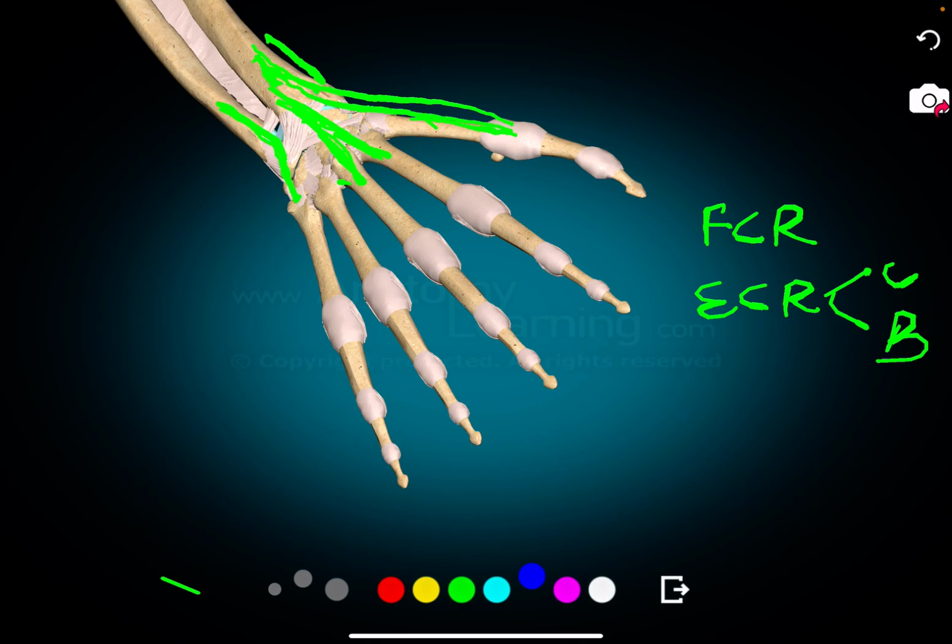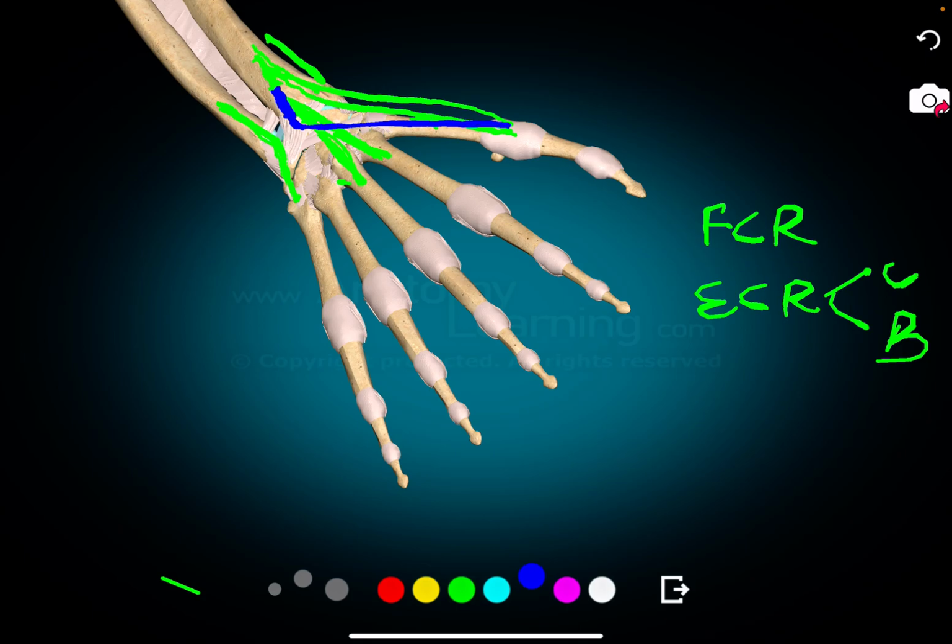So one important tendon comes lateral to medial to the Lister's tubercle, winds around the Lister's tubercle and obliquely approaches the thumb. This is the extensor pollicis longus.